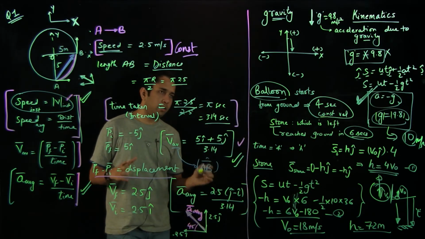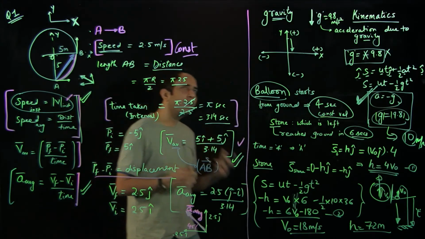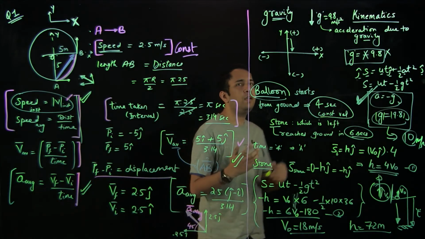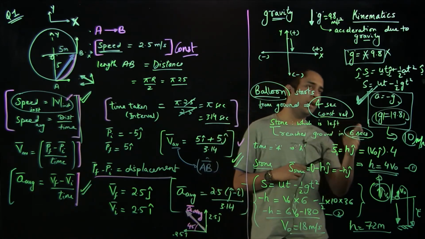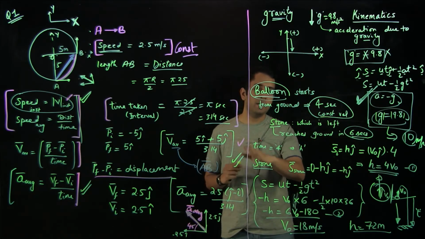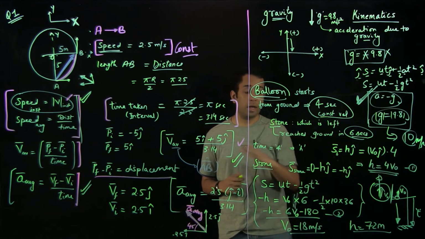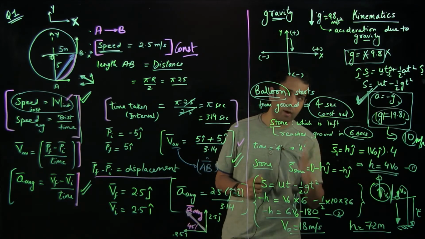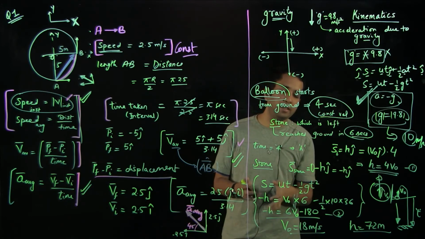So overall, that is the question, and it clarifies the concept of gravity, the sign convention, and the value of gravity. Earlier we did a question in which we were considering the motion in the x direction, but in this one we were considering the motion in the y direction.